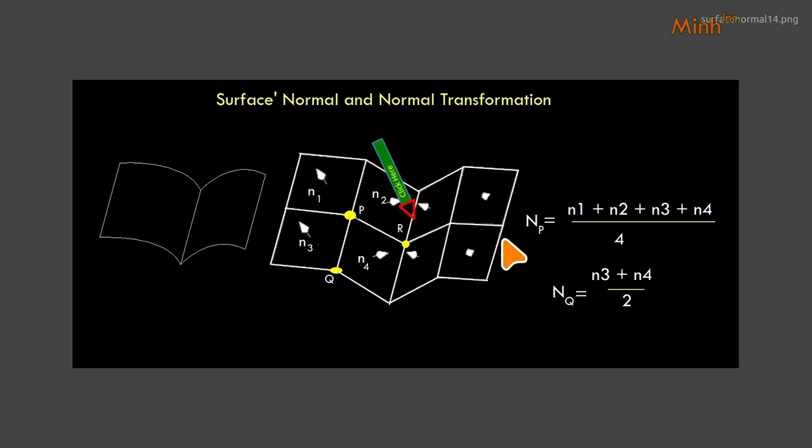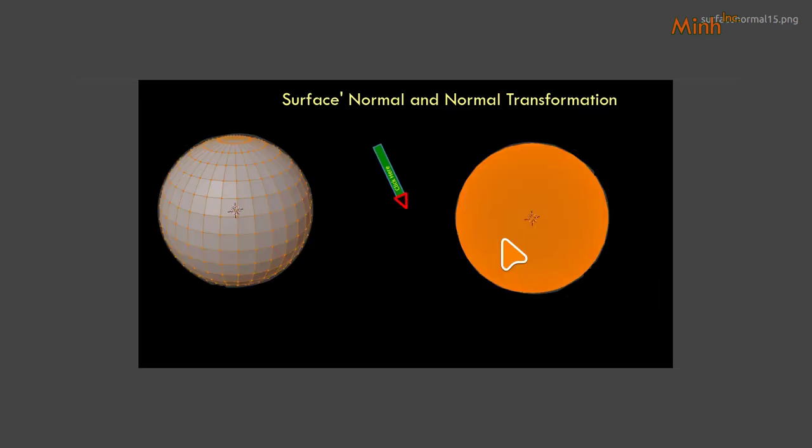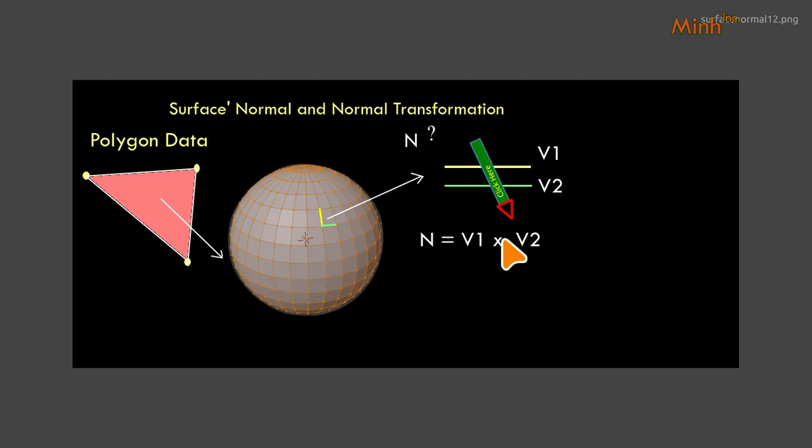If we take care of this, then our polygon data would be shown as a full, smooth sphere with averaging. First we calculated the normal of any facet we took.